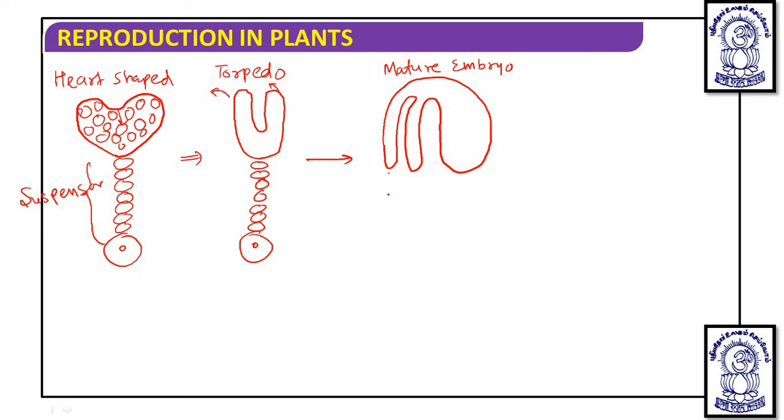In this mature embryo, these two will be representing what? Cotyledons, and this region will be known as the plumule.